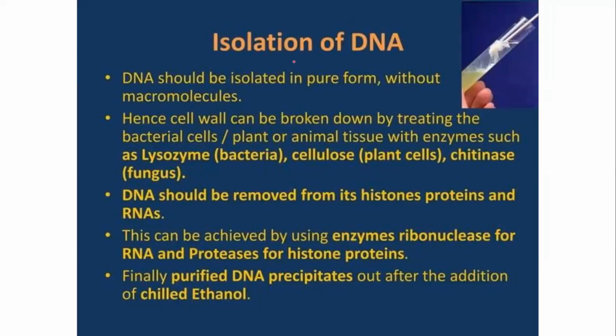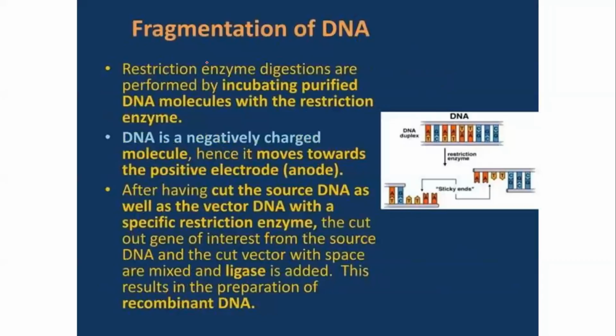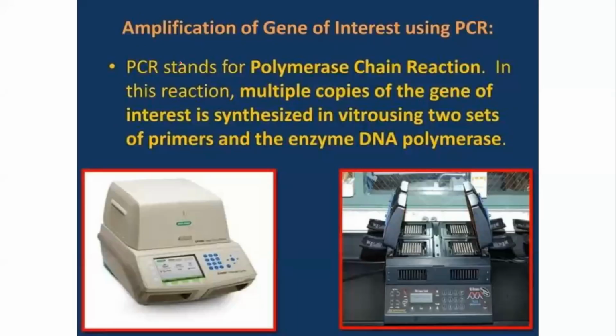So we need to isolate the DNA first, then fragment it, then amplify the gene of interest. We should make more copies of the DNA first. This is done by polymerase chain reaction, PCR, carried out before the recombination process.